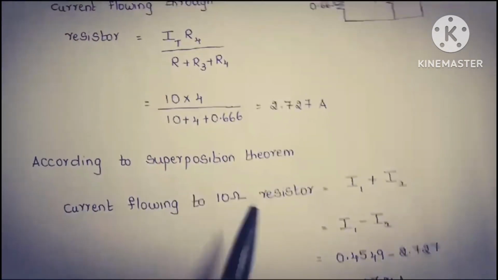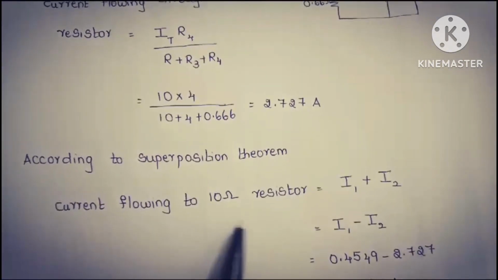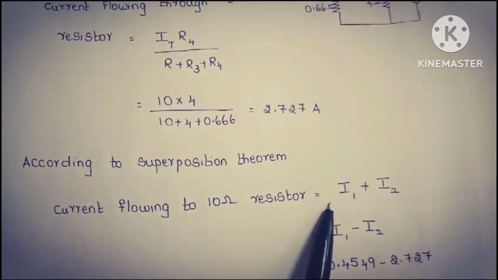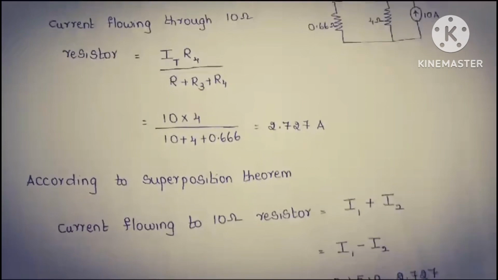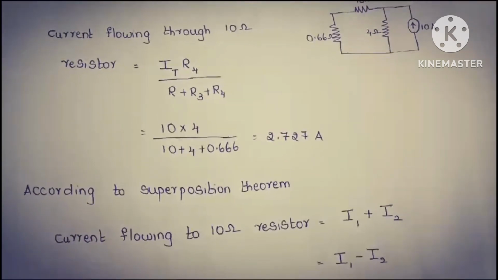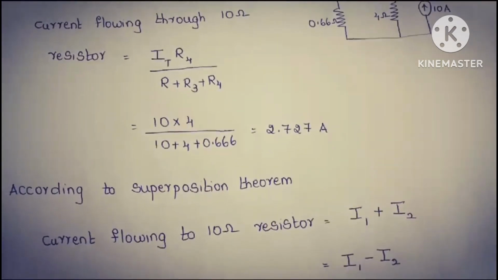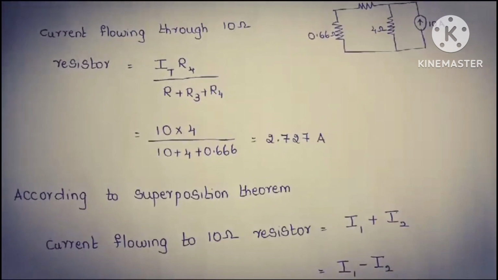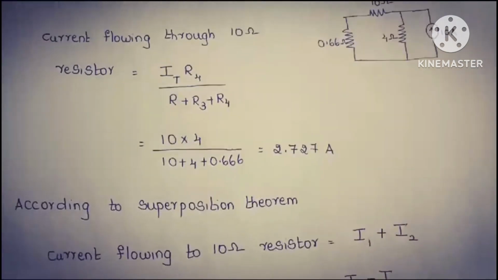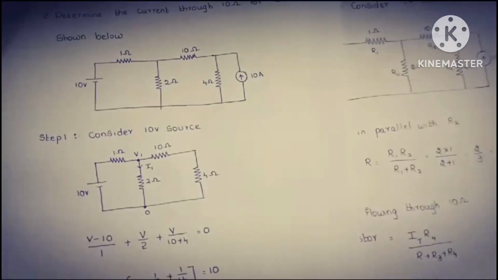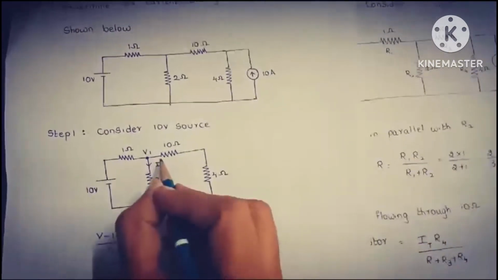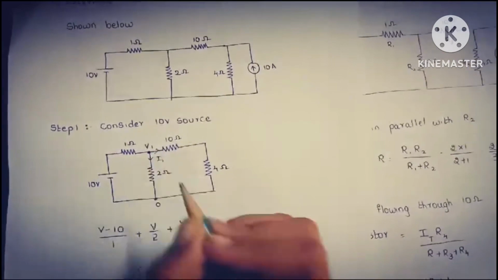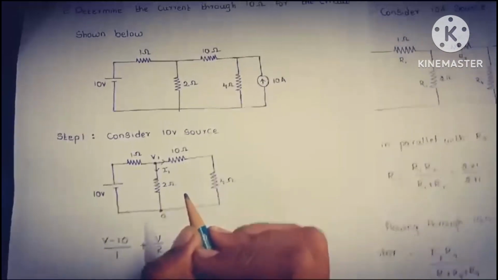So according to the superposition theorem, the current flowing through the 10 ohm resistor is equal to the sum of the currents, that is I1 plus I2. But in this particular problem, when we considered the first source, we assumed that the direction of current is from left to right.